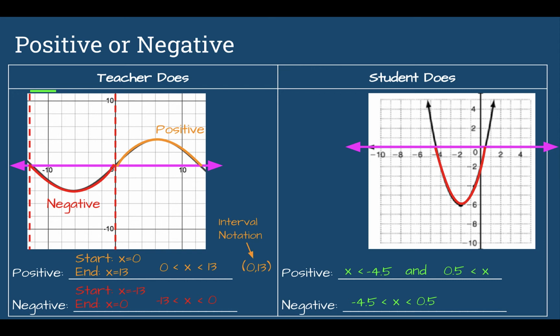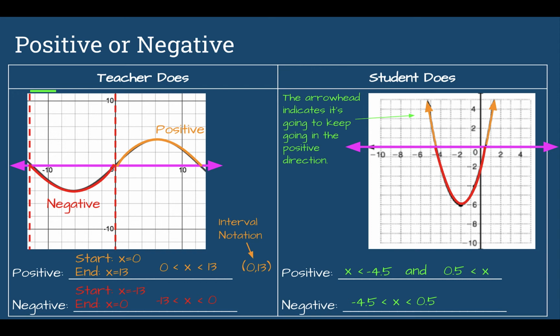For our positive values, there are two places here that are positive. So it's positive when x is less than negative 4.5 and when x is greater than 0.5. If you notice here, there were arrows on our graph that indicate that it's going to keep going positive.